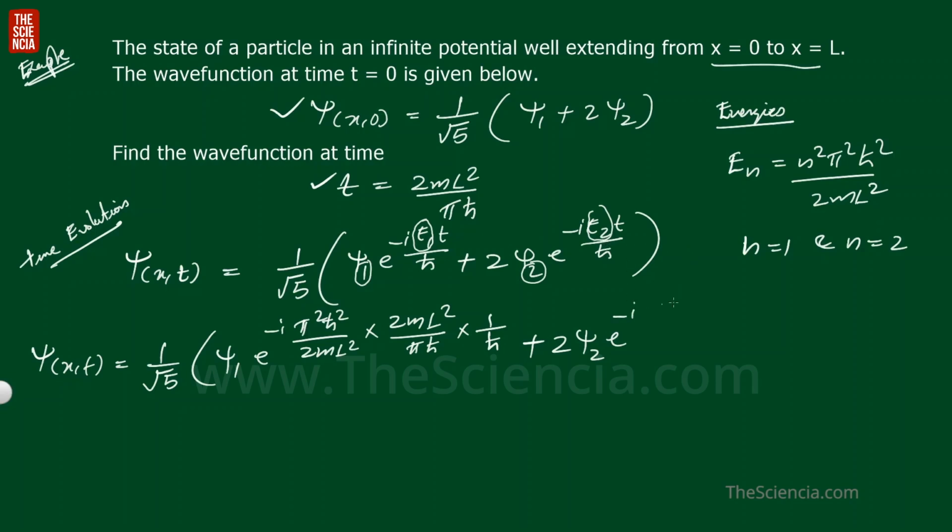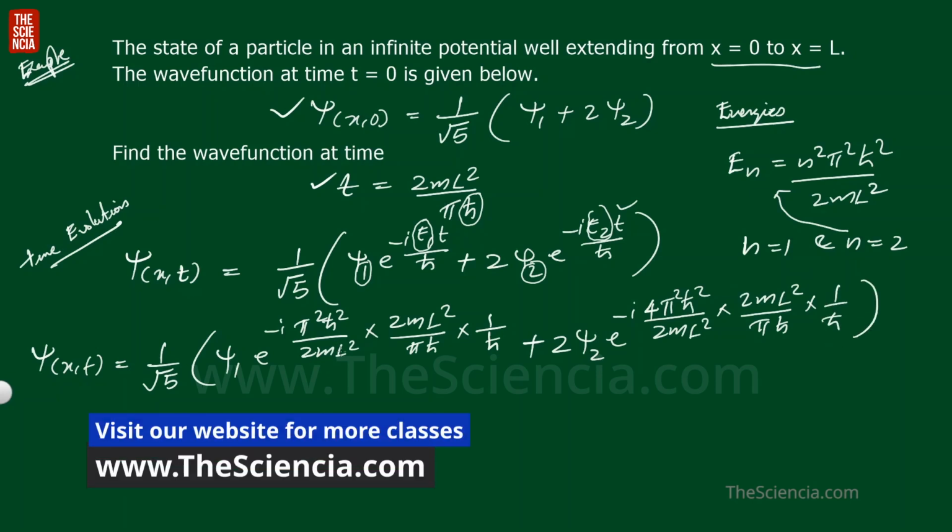E2 will be equal to 4 pi square h cross square by 2mL square, into the time. Time is equal to 2mL square by pi h cross, and here 1 by h cross is there.